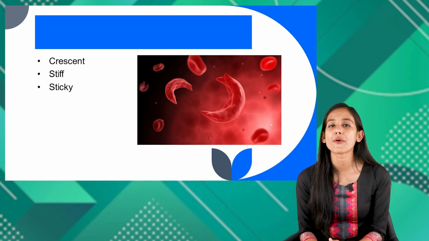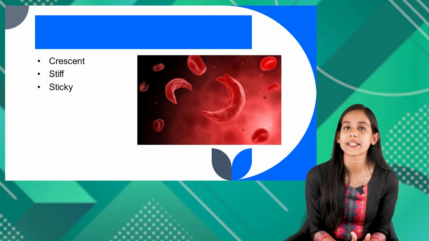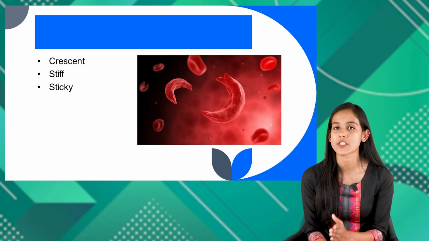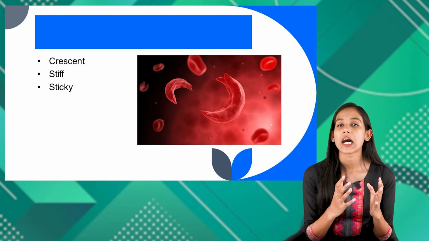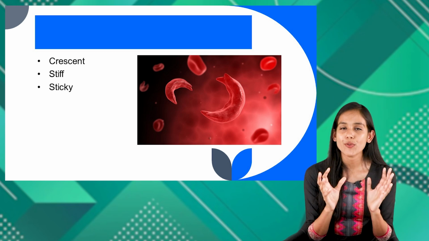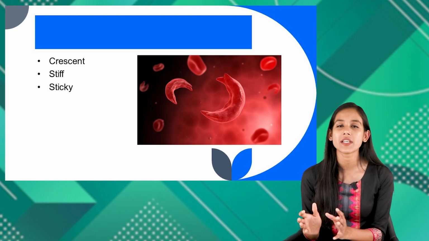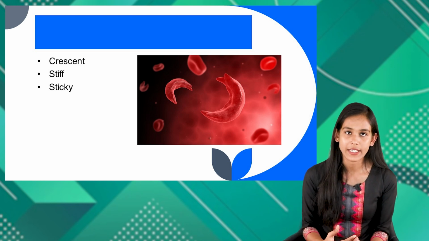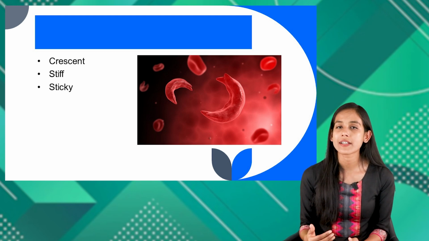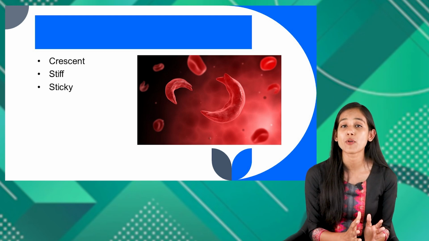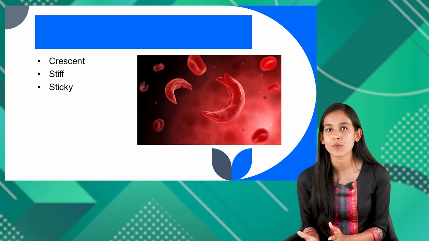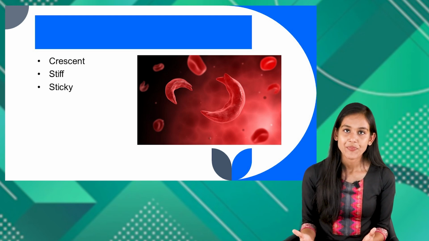So till now we understood that sickle cell anemia is an autosomal recessive disorder where there would be abnormal hemoglobin, and we learned what we mean by abnormal hemoglobin specifically. We also learned what actually happens to our body because of this abnormal hemoglobin.